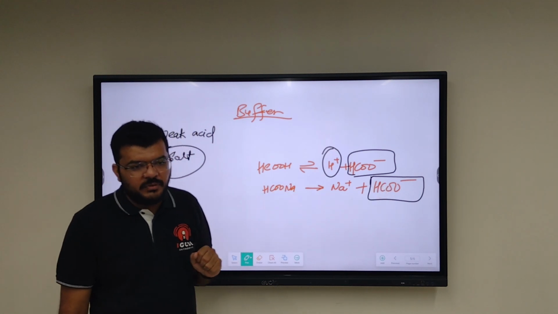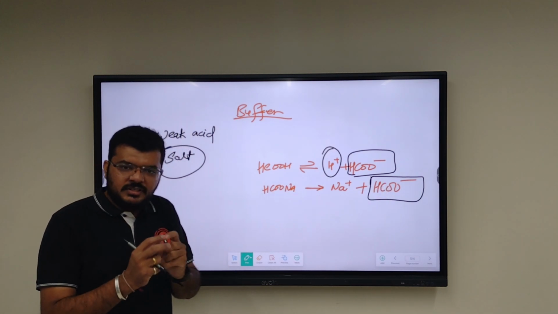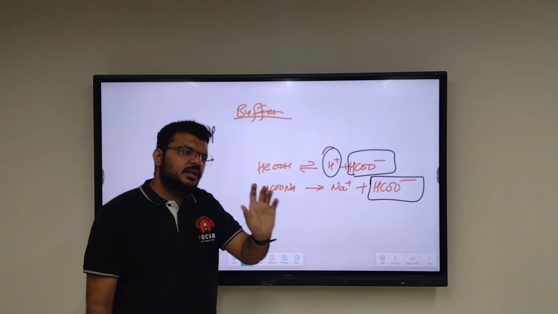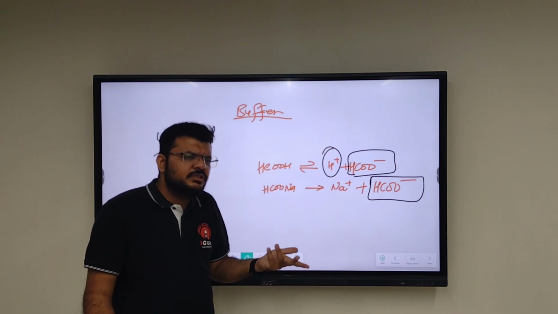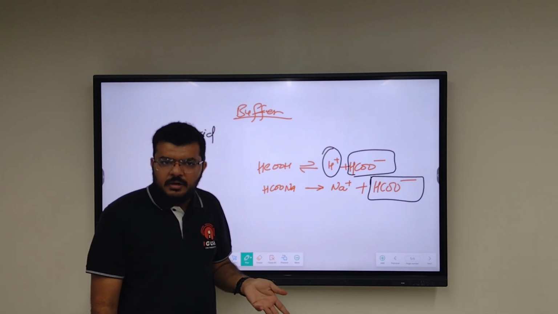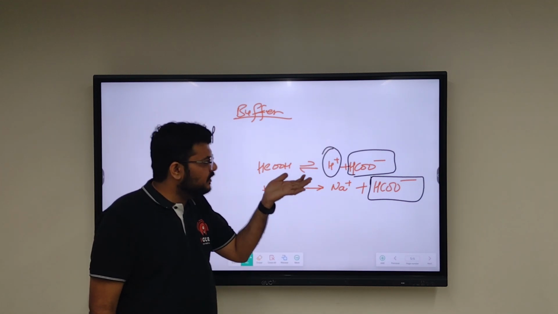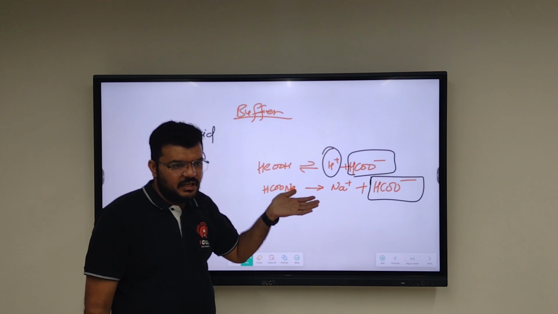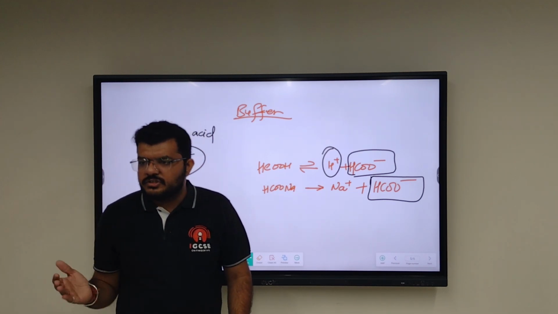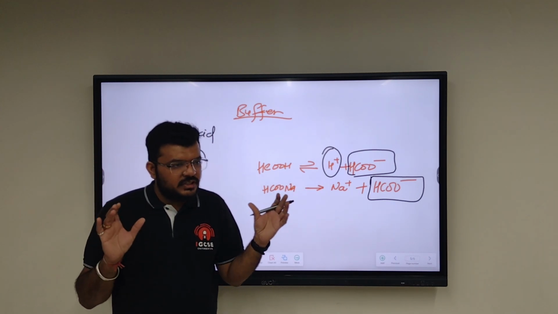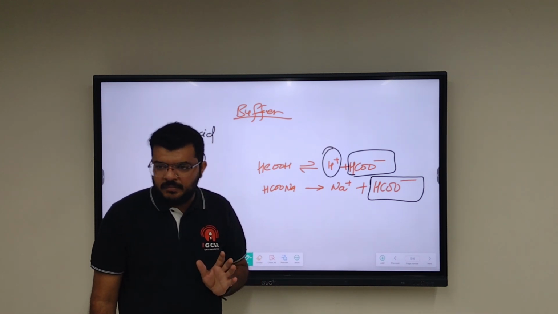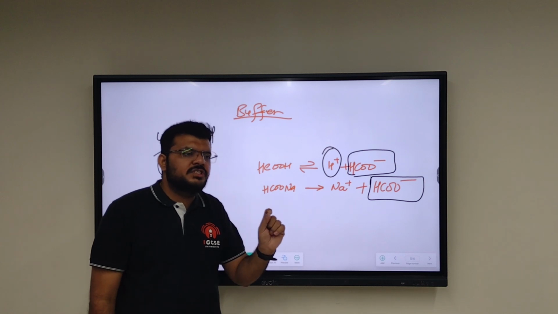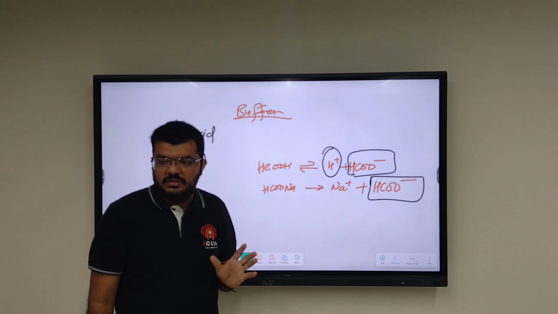The pH will try to remain the same for a certain value. If I add unlimited OH, all the H plus will react and the equilibrium will break. But if there is a little bit of OH, then the equilibrium re-establishes. Last year we have already understood that no matter what concentration you change, the position of equilibrium remains the same. The position of equilibrium was changing only with temperature.